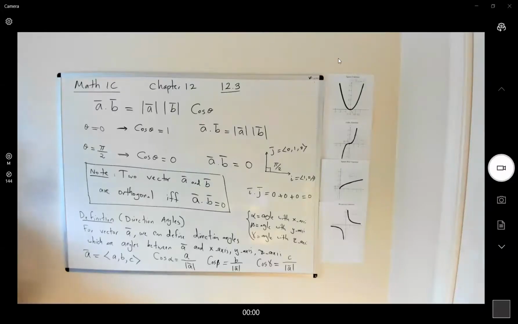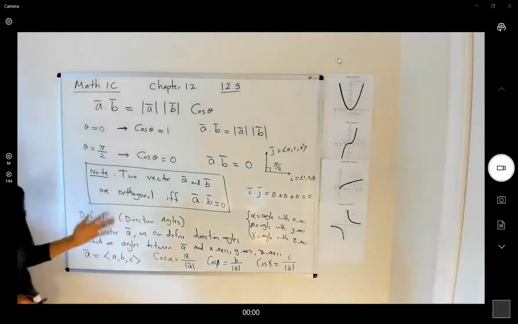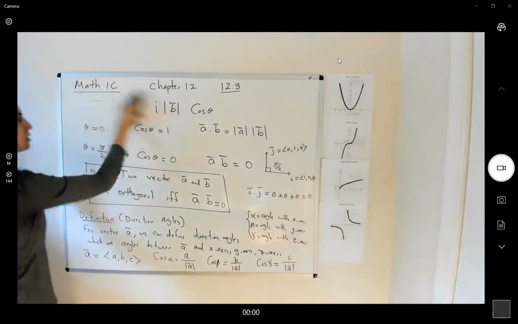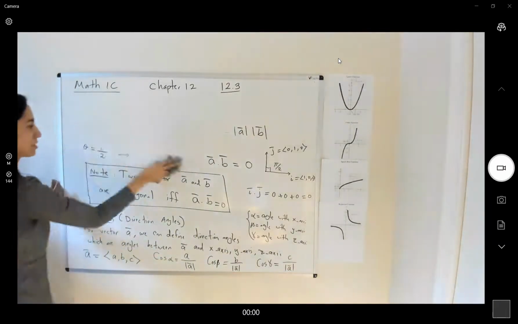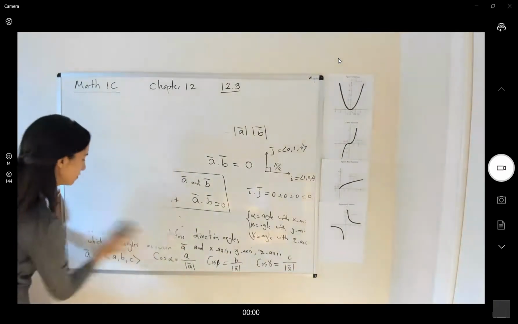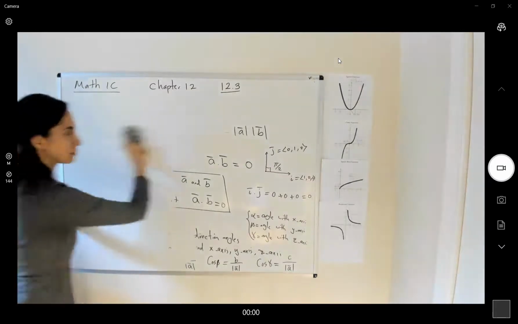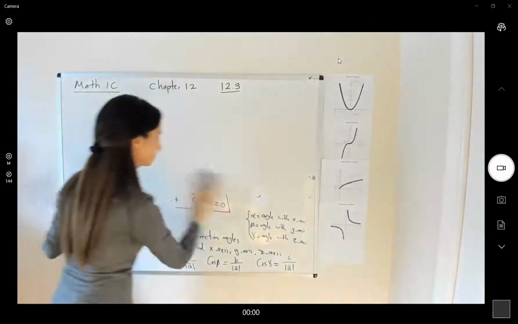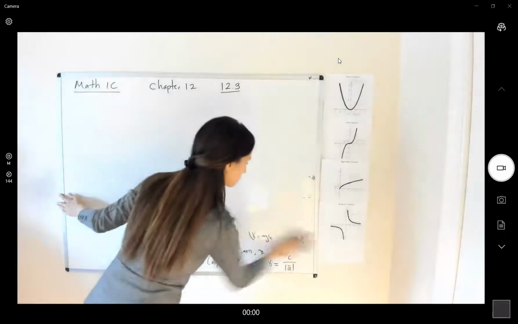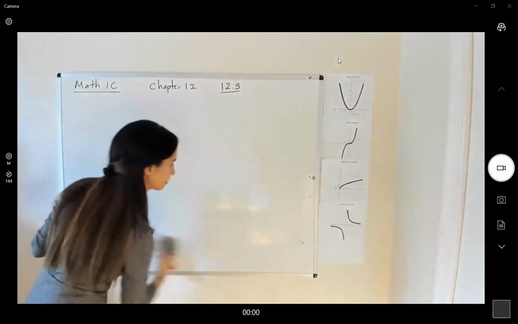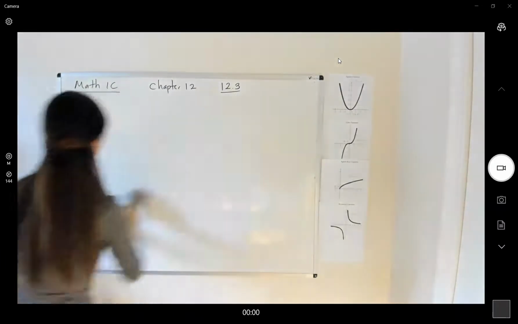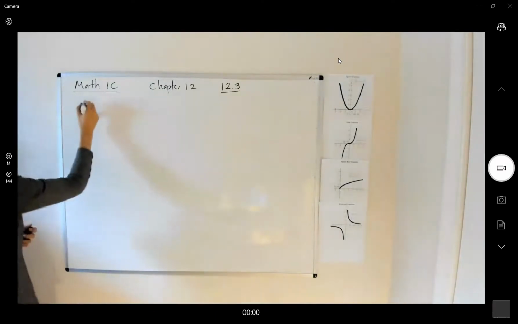Very well, let's continue. Scalar projection of one vector over another vector. Let's go over the definition first, then an example. So definition.